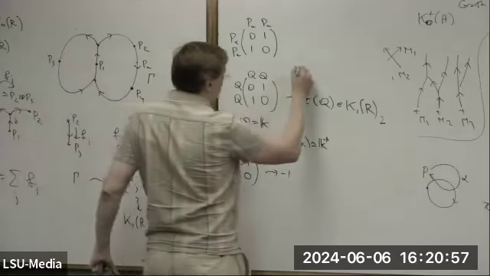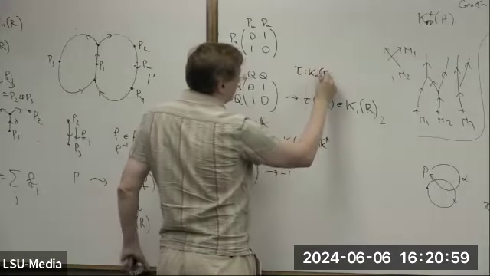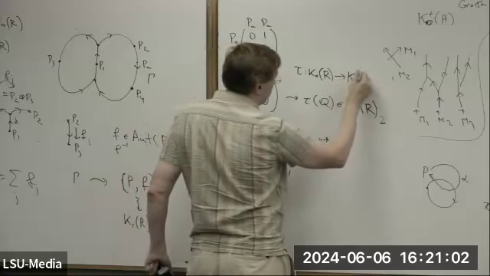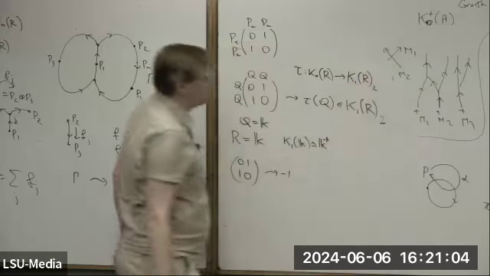So tau is a homomorphism from K0 of R into K1 of R. And the image lies in the two torsion subgroup.